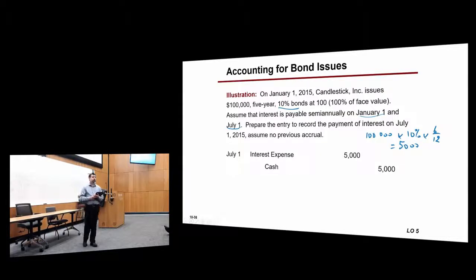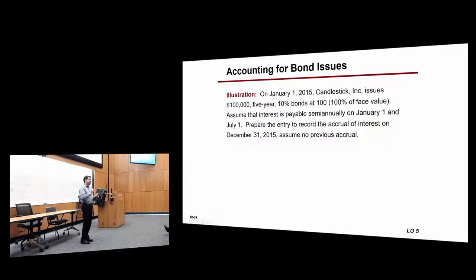Now the next payment will be on July 1st because the company signed it on January 1st. But when does the company have to recognize interest? End of the year. So on December 31st, the company will still have to recognize interest that has accrued but is not paid yet.